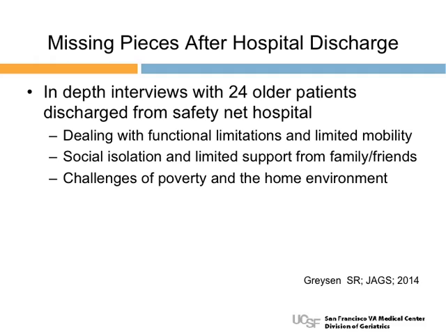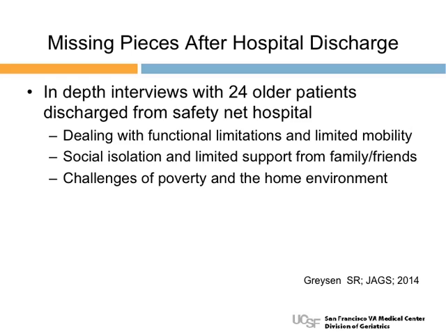He asked them what problems they were having when they went home. It wasn't their medicine management, but dealing with functional limitations and limited mobility. In San Francisco, almost all homes are built on stairs, so if you can't get upstairs, you become a prisoner. And if you have a home in San Francisco, it's a $1 million home. There was also social isolation and limited support from family and friends, so people needed visitors.